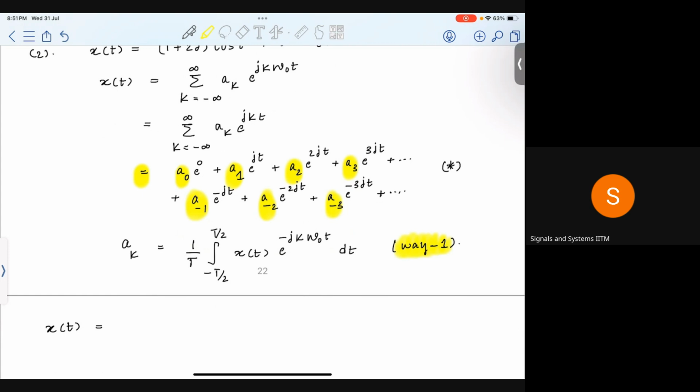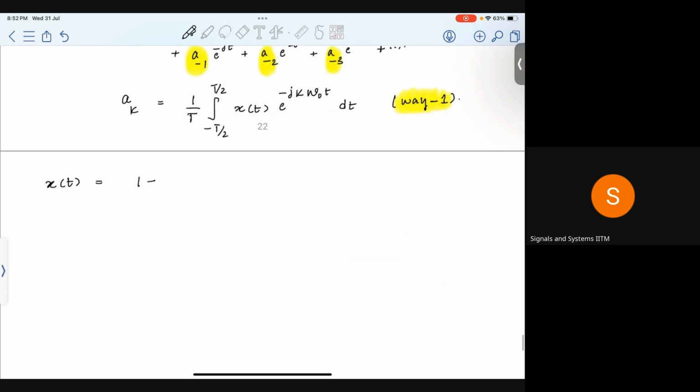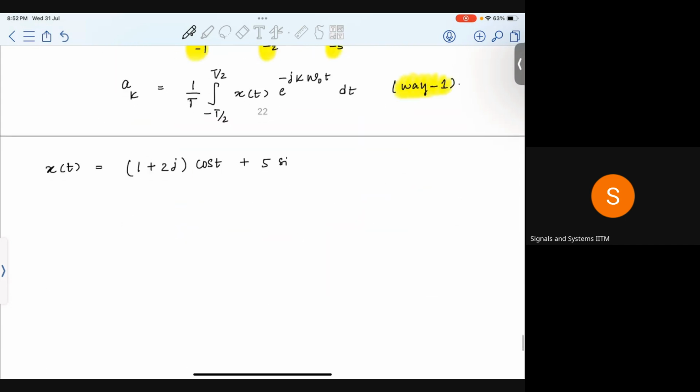But the other easiest way is to write down the signal cos t plus 5 sin 4t. We know cos t can be represented as e power jt plus e power minus jt by 2, plus 5 times sin 4t, which can be represented as 5 by 2j times e power 4jt minus e power minus 4jt.